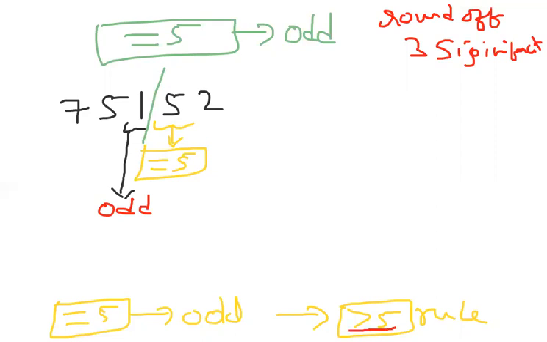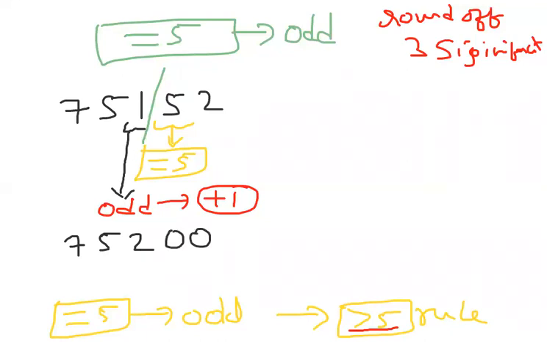So what is that rule? If it is odd, we have to do plus 1. That means now our answer is 7, 5, 2, 0, 0. As usual, after that line, everything we put as zeros.